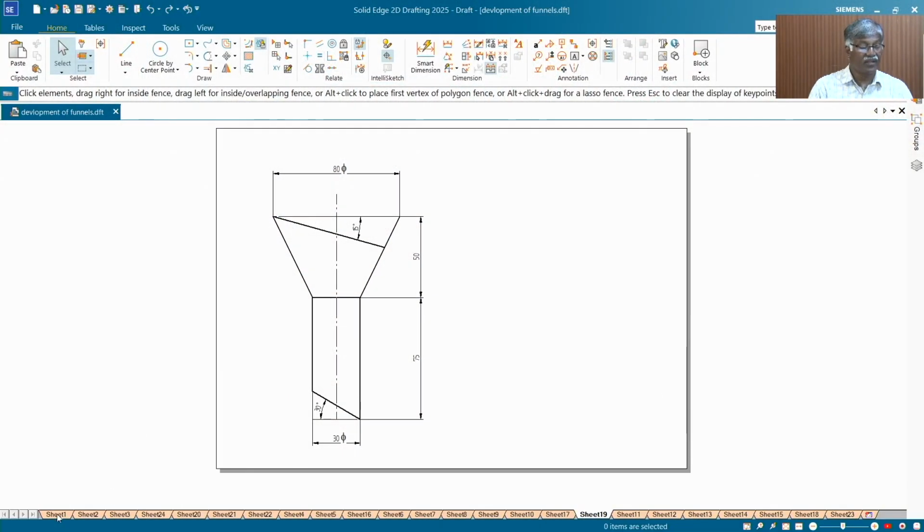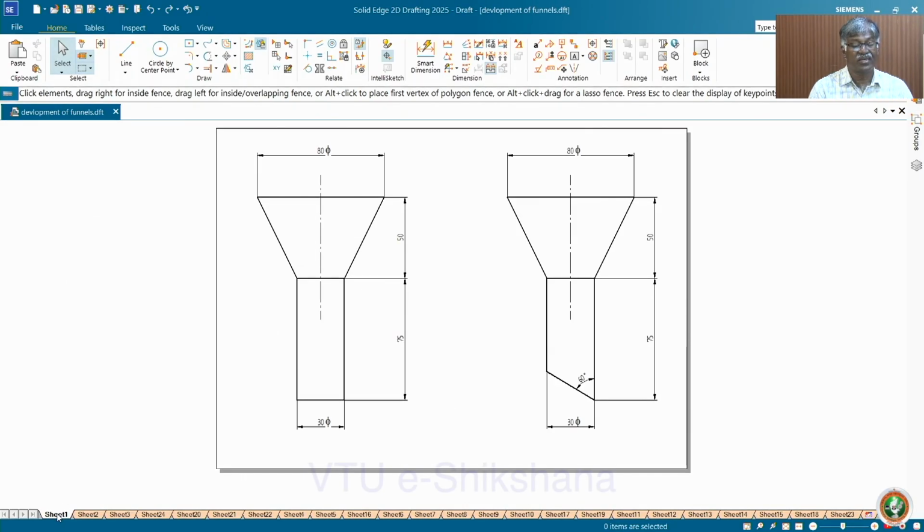Let us take the funnels to discuss in this session. I have discussed this in detail, how exactly we can draw the development of the part A, part B. Okay, this is a simple funnel having the top portion frustum of cone, and the bottom is just a cylinder.